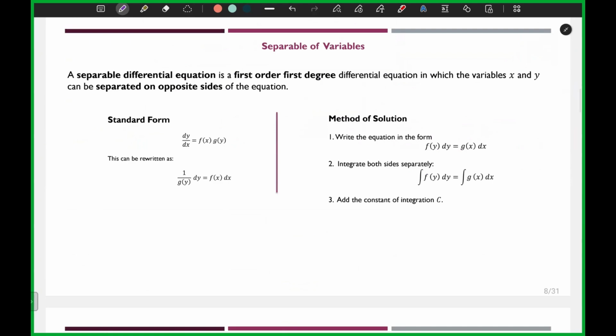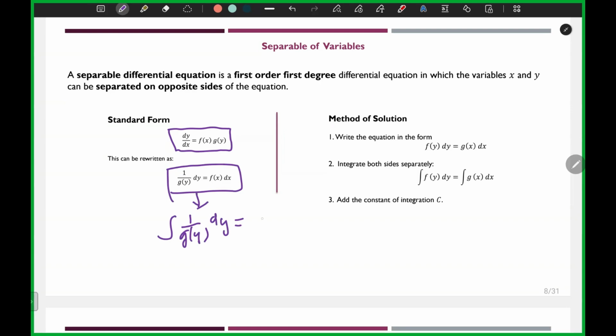So what is separation of variables? The standard form: if we take dy by dx equal to some function of x into some function of y, that is g of y, this can be written with the function of y in one part with dy and the function of x with dx. Then we just integrate and we get the solution, right?